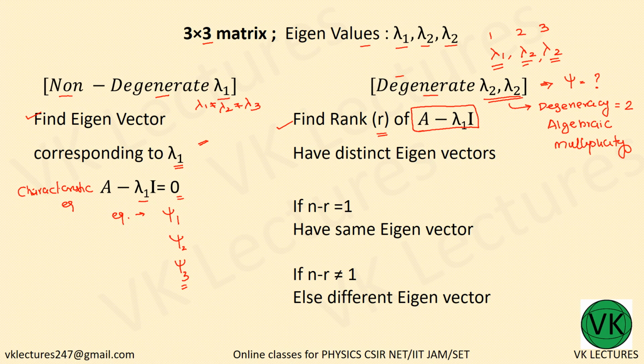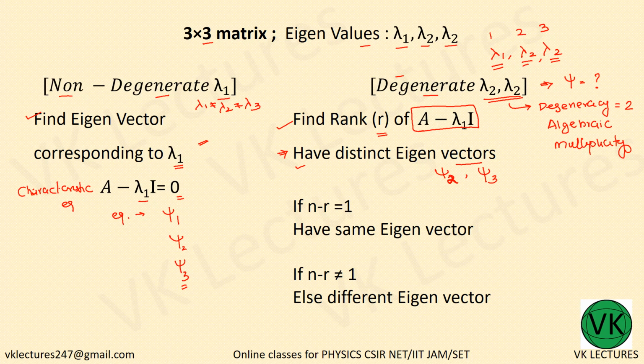Now they have distinct eigenvectors if, now this is the concept, they have distinct eigenvectors, that means psi 1, psi 2 and psi 3.